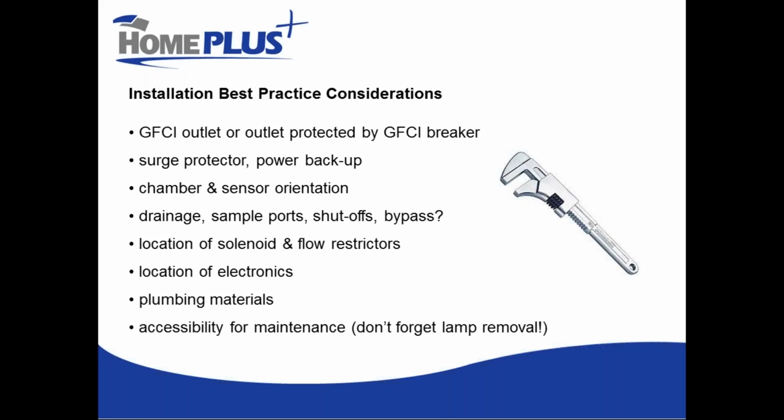We want lots of sample ports, shutoffs, and an opportunity to drain the system for maintenance. That's probably one of the things I see done least often. Ideally at the low point on the inlet of the UV sterilizer, if you can put a ball valve, a sample port or a drainage port where you can drain the UV chamber, it really helps for doing quick maintenance.